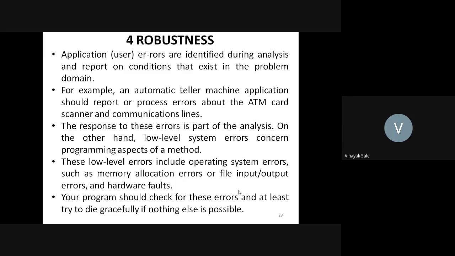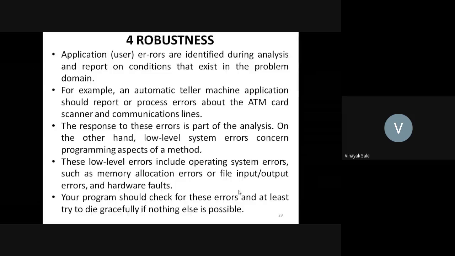Application errors, that is user errors, are identified during analysis and report conditions that exist in the problem domain. For example, an automatic teller machine, that is ATM, application should report or process errors about the ATM card scanner and communications lines. The response to these errors is part of analysis.